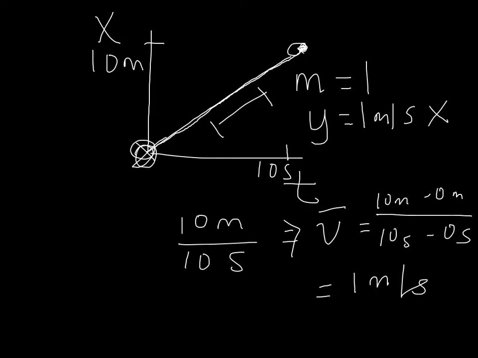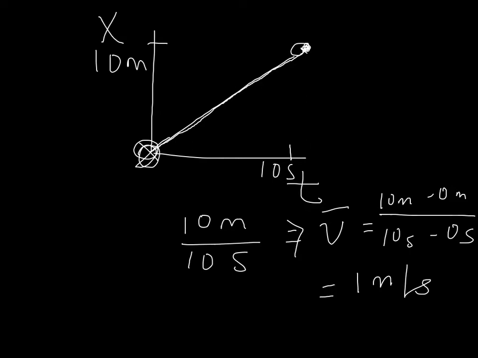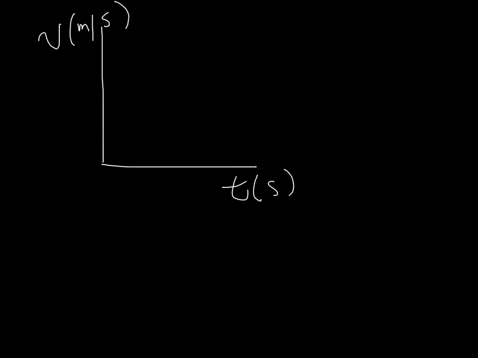So what does that mean for the other kind of graphs that we were working with? Well, if we were to make that same graph into a velocity, so that's meters per second, versus time graph in seconds, with the same exact shape, what does that mean?